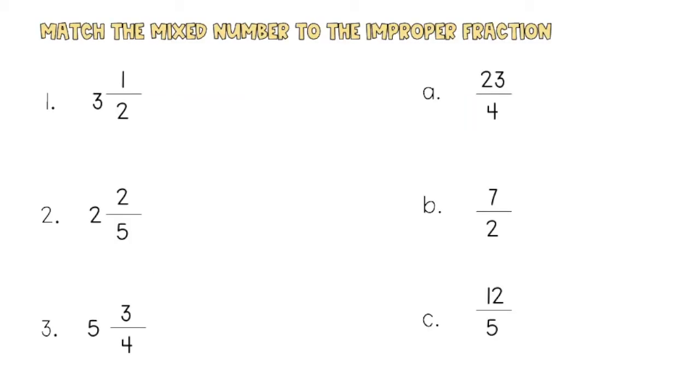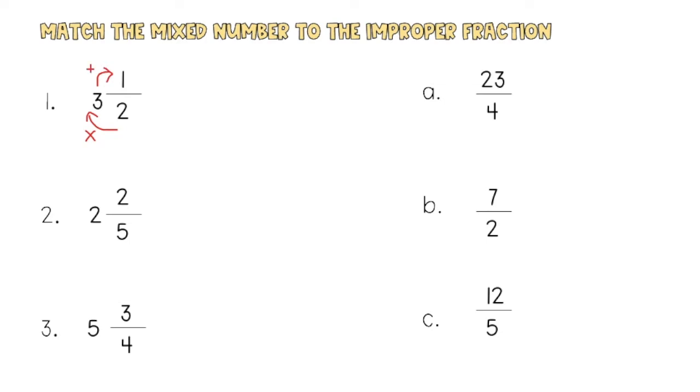Let's take a look at mixed numbers and improper fractions. So this is going to help us a lot when we are finding our unit rate. So to take a mixed number and turn it into an improper fraction, what you have to do first is multiply the denominator times the whole number, and then you add what is in the numerator.